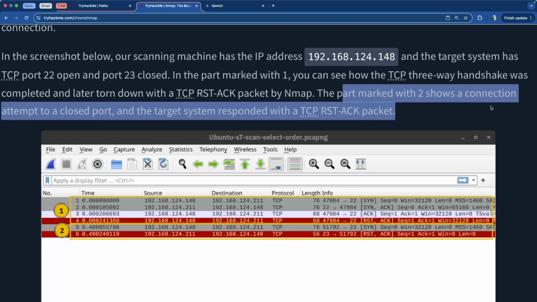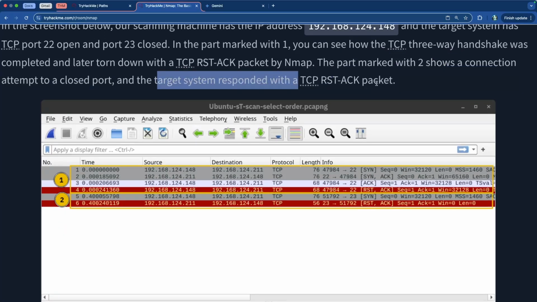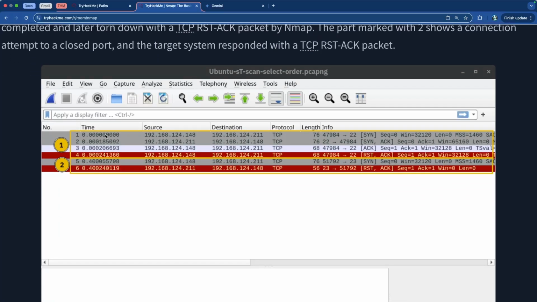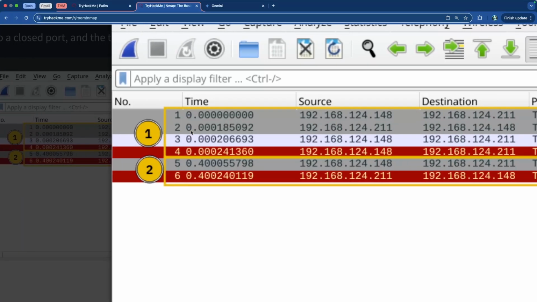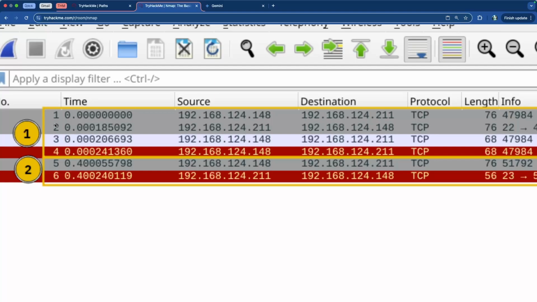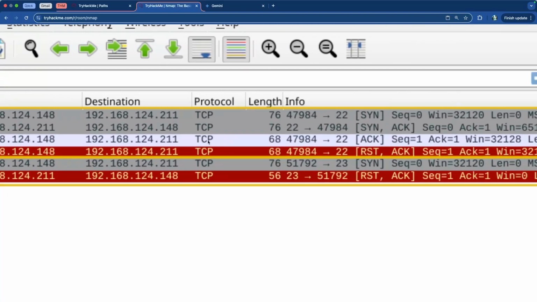The part marked with 2 shows a connection attempt to a closed port, and the target system responds with a reset acknowledgement immediately. So part 1, which is these 3 right here, let's open this up, zoom in. The 1, 2, and 3 packets right here are the packets for the TCP connect scan.